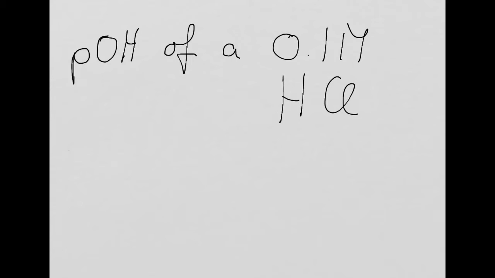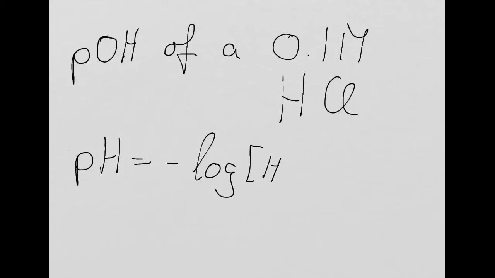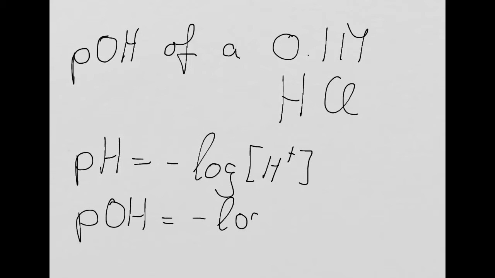pOH means how many hydroxide ions are there. So we say pH equals minus log of the proton concentration, and pOH means minus log of the hydroxide ions.